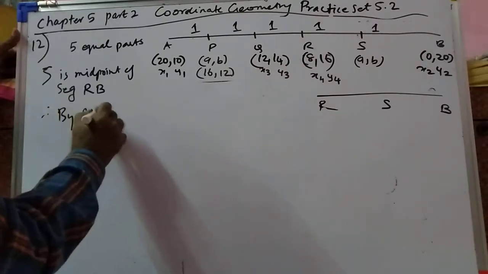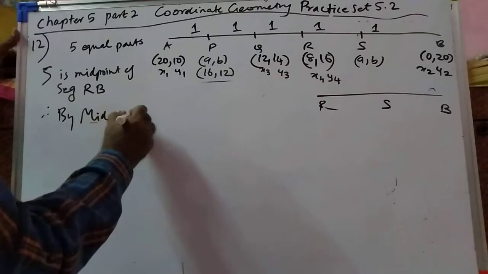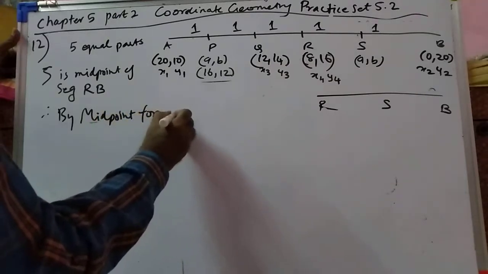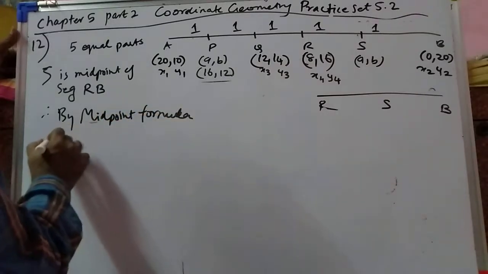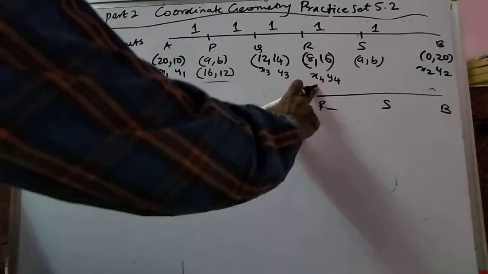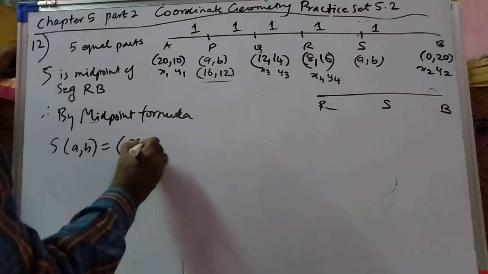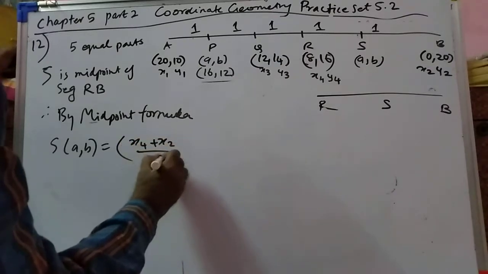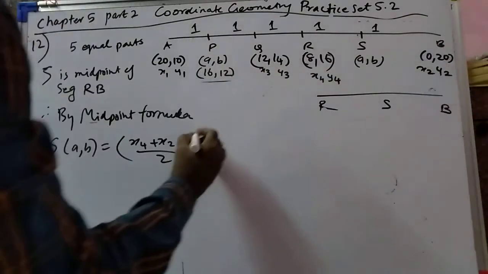Therefore by midpoint formula, S (a, b) is equal to (x4 plus x2) upon 2, (y4 plus y2) upon 2.